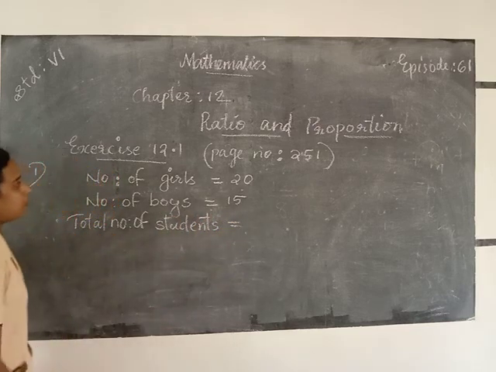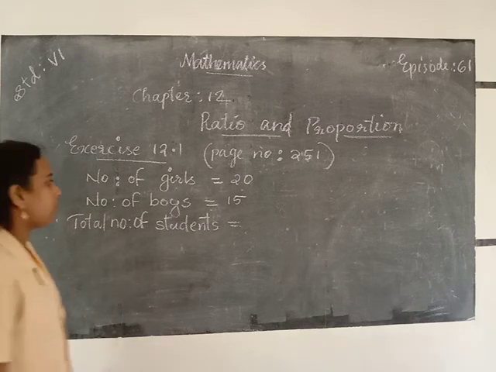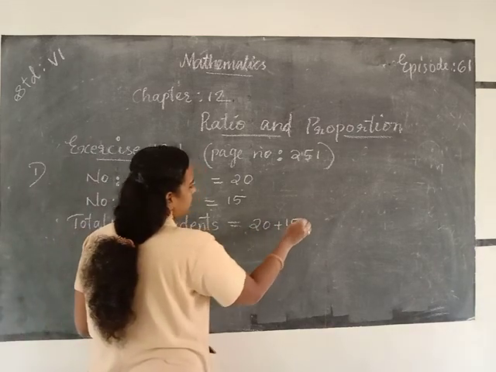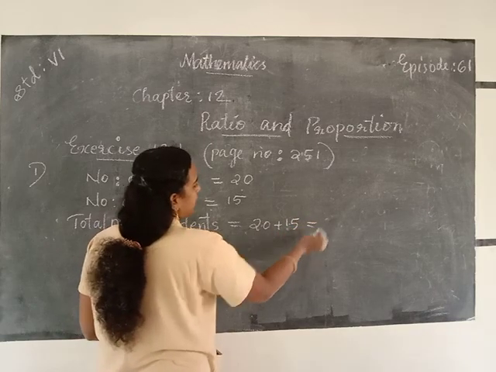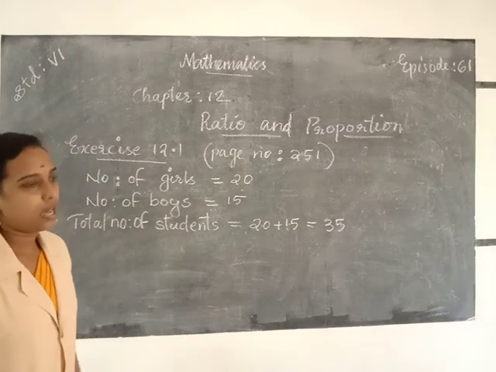To find the total number of students, take the sum of the number of girls and the number of boys. That is 20 plus 15, we get 35. So there are 35 students in the class.